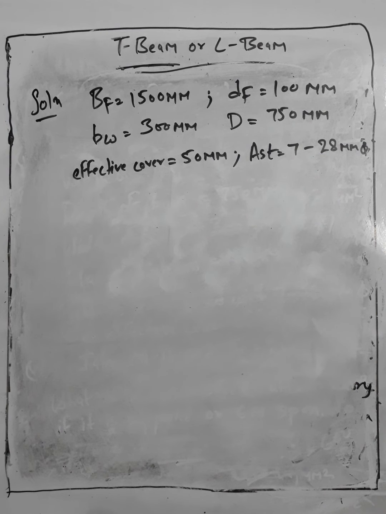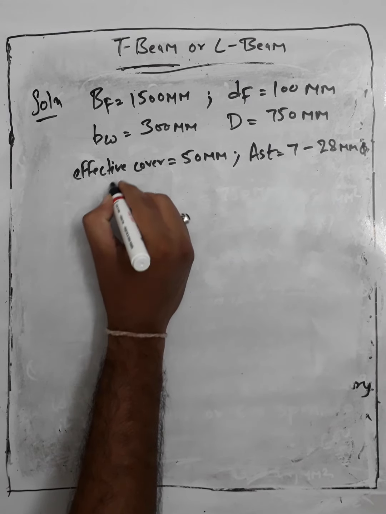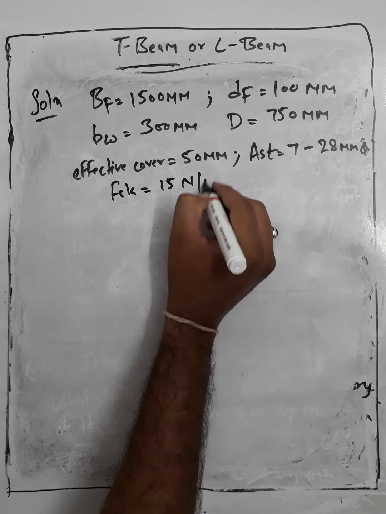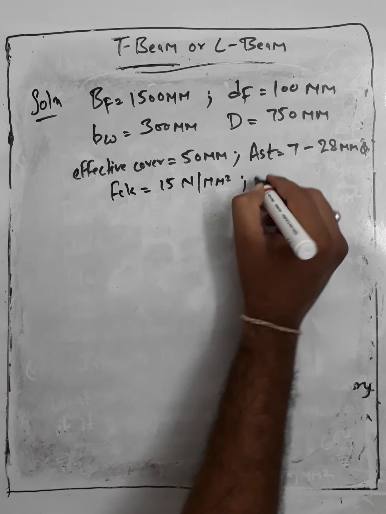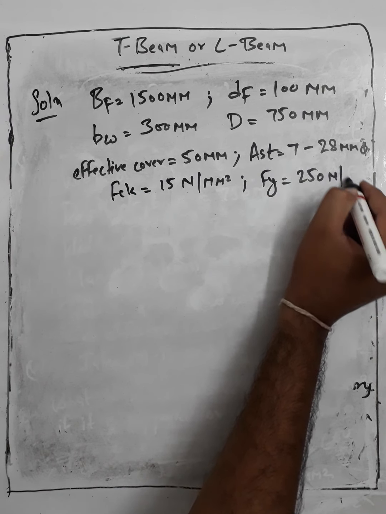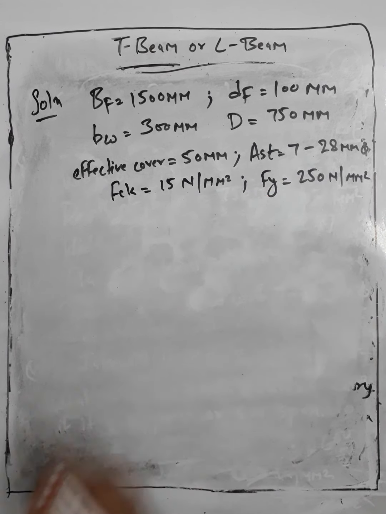These values we have given, and we have given FCK and Fy value also. FCK is equal to 15 Newton per mm square and Fy is equal to 250 Newton per mm square. So this data is given in our problem.